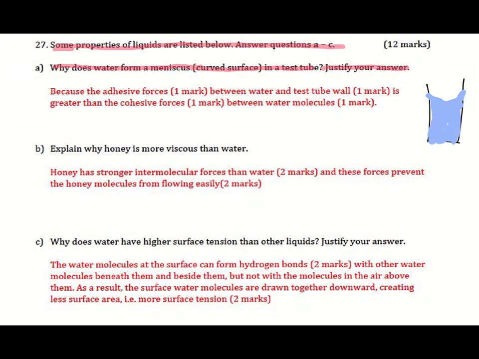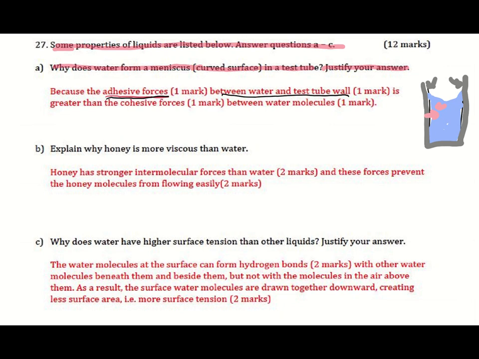This means that there is a pulling force between the sides of the container and the liquid particles, or water particles. The force of attraction between water and the wall of the container is called adhesive forces. So we have adhesive forces between water and the test tube wall. There are other forces between water molecules, which result from the hydrogen bonding between them.